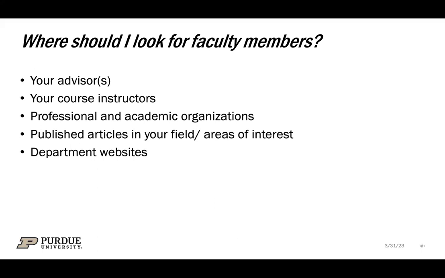I looked at all of these things. My course instructors, I wasn't having any luck there. Published articles, wasn't necessarily having any luck there. So I went to the Purdue Psychology Department website and I did a lot of networking and talked to people at professional and academic organization networking events. And there I was able to single out an individual faculty member and I had great luck ever since then.